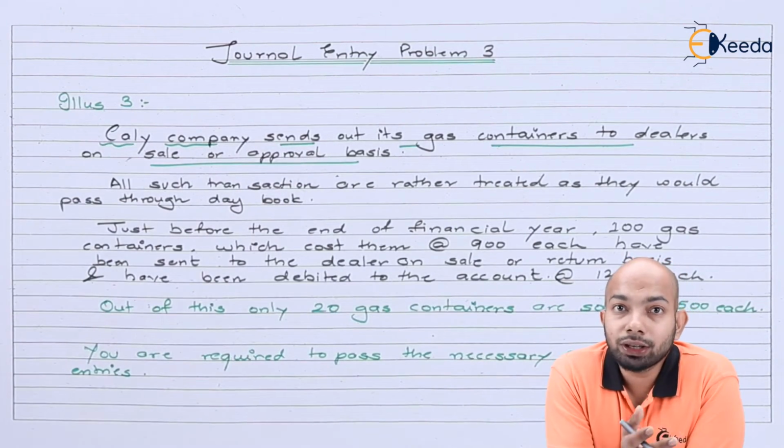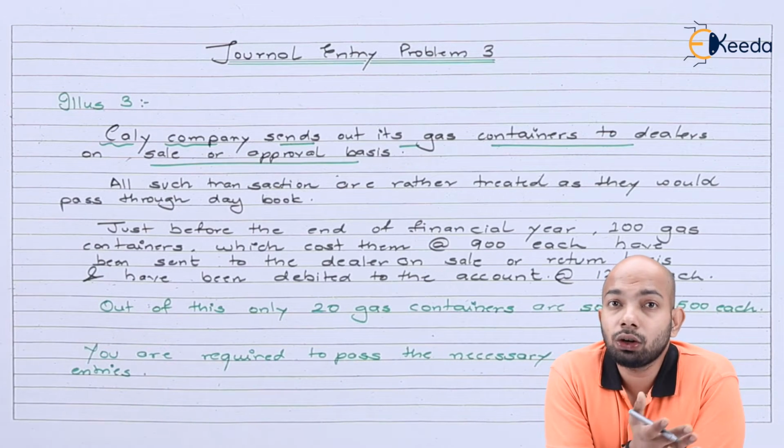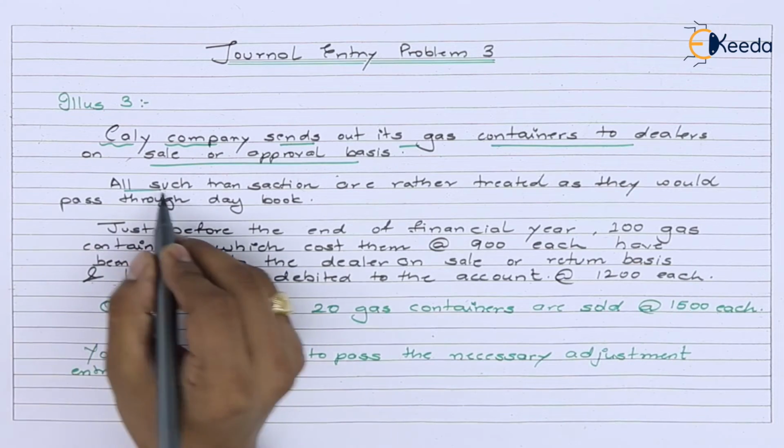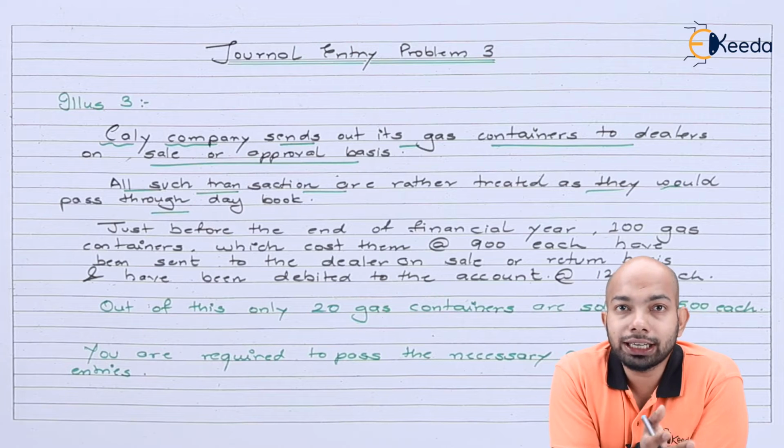Cali company sends out its gas equipment, or rather gas cylinders, to its dealers on sale or approval basis. All such transactions go through the regular day book of sales.